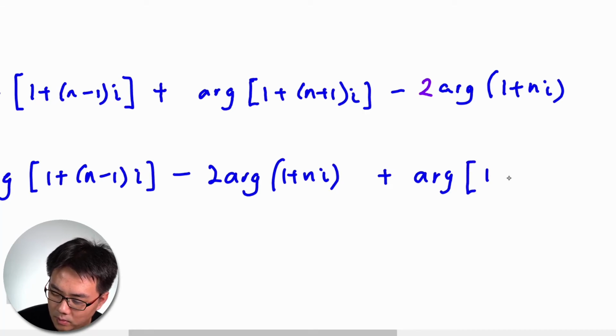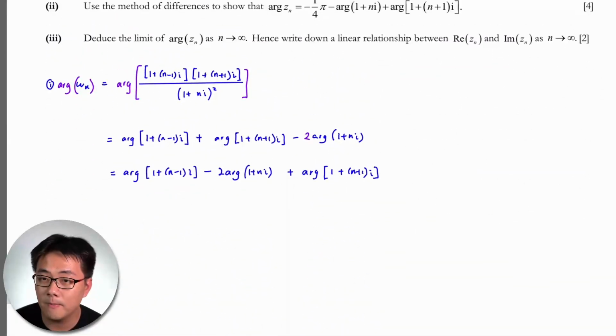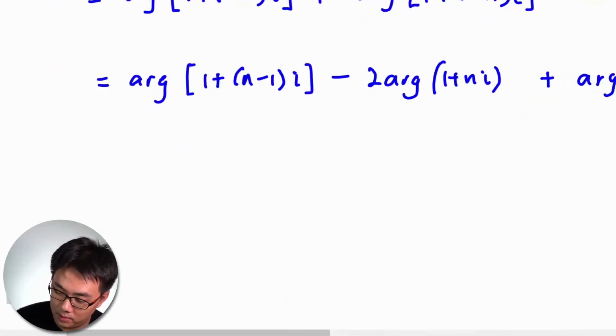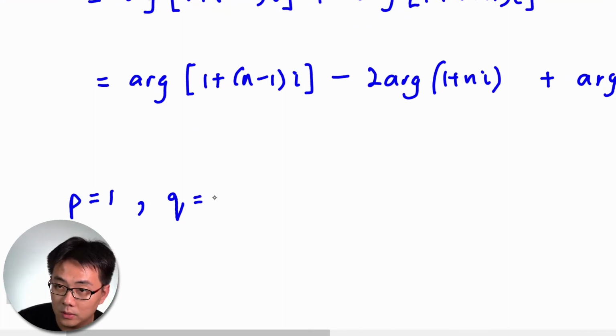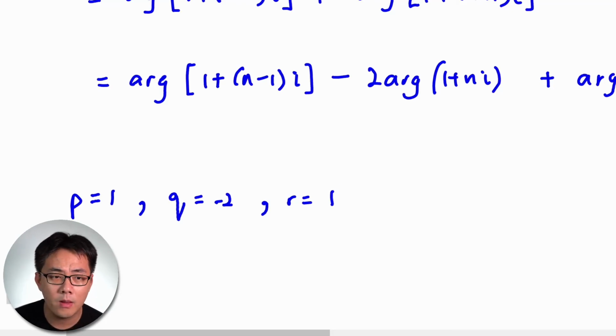So p equals 1, q equals minus 2, and r equals 1. Alright, so there you go. This is how you do the first part.